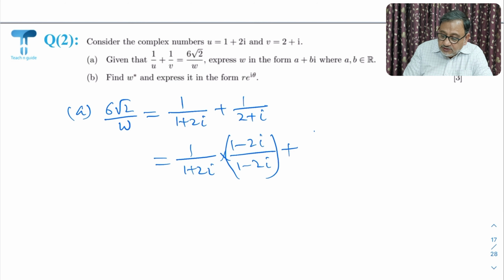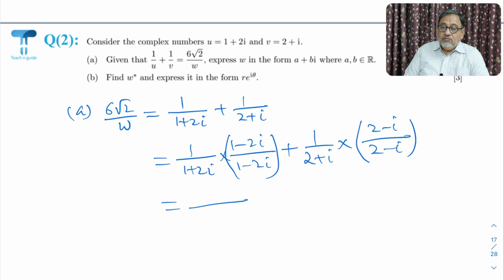Okay, here like this, and for this part I will multiply by 2 minus i. So I am going to get the denominator 1 square plus 2 square. 1 square plus 2 square will be 5, and numerator 1 minus 2i. Here also 2 square 4, 4 plus 1 5, and numerator will be 2 minus i.